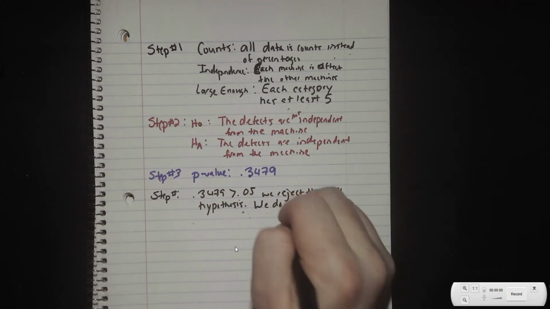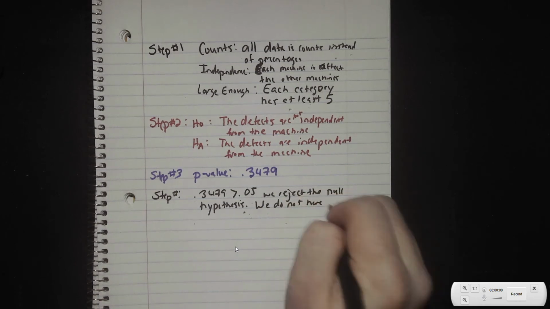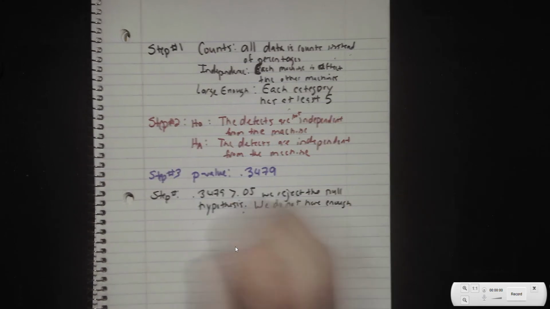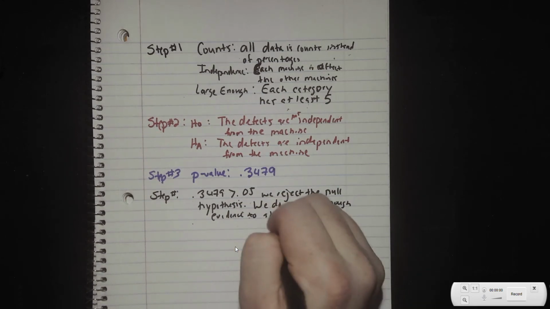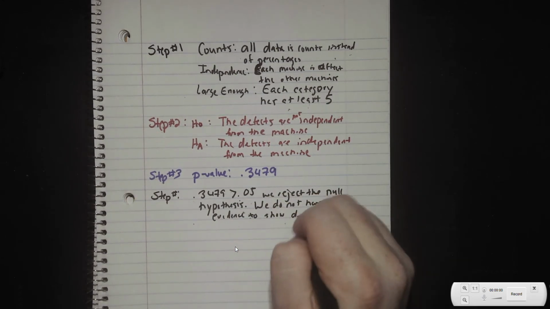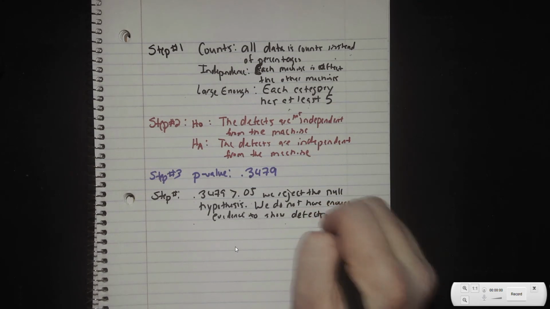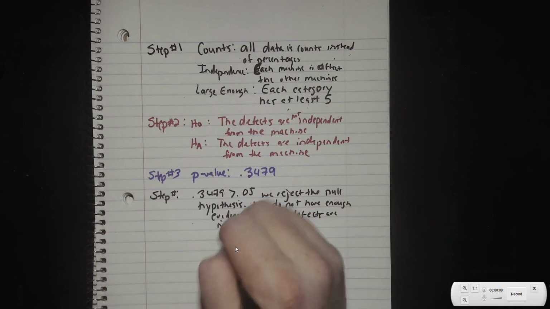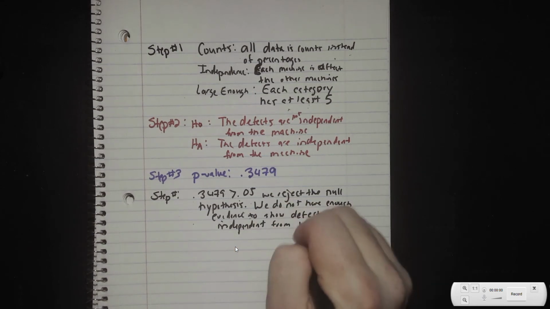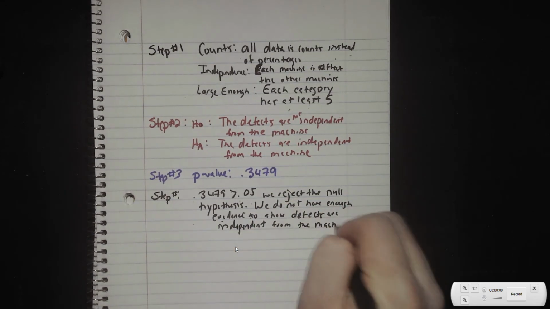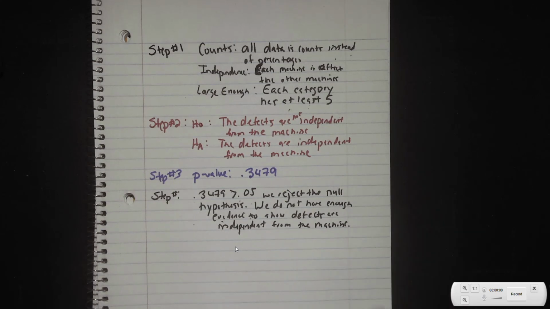We do not have enough evidence to show defects are independent from the machines, which means there's probably some kind of human error to it. So there's no real relationship between the two.